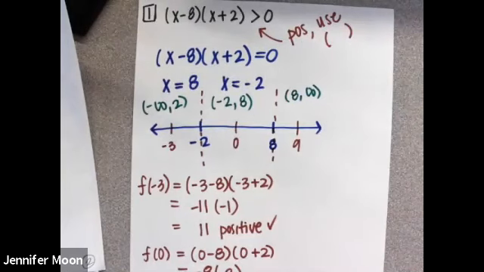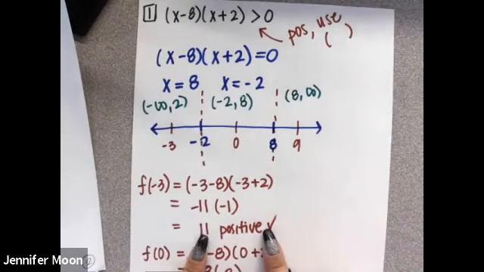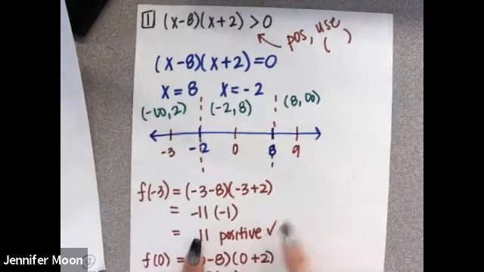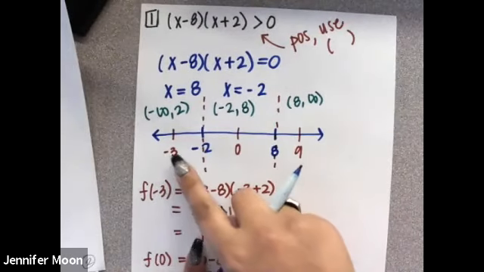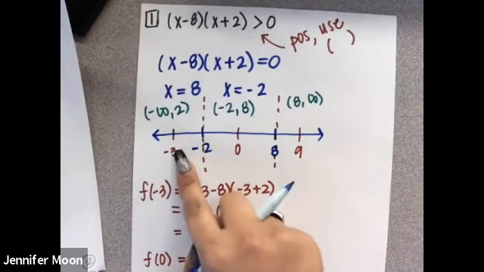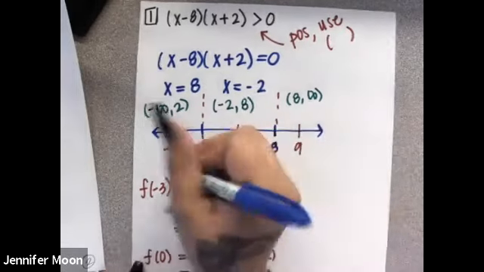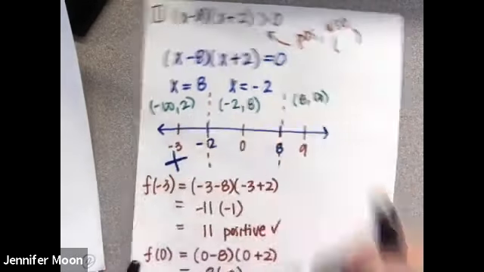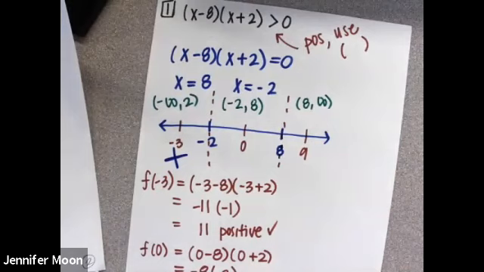There's another thing you can do, and I recommend doing it because you'll see a pattern. This 11 came from us testing -3, which came from this interval, and it was positive, right? So you could do a plus sign right there.